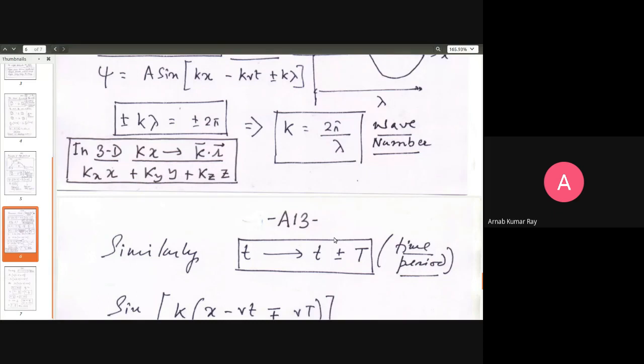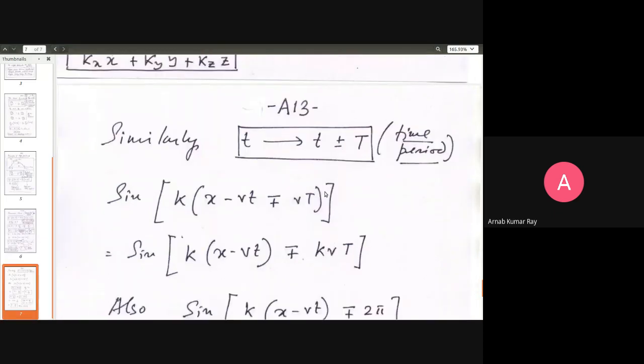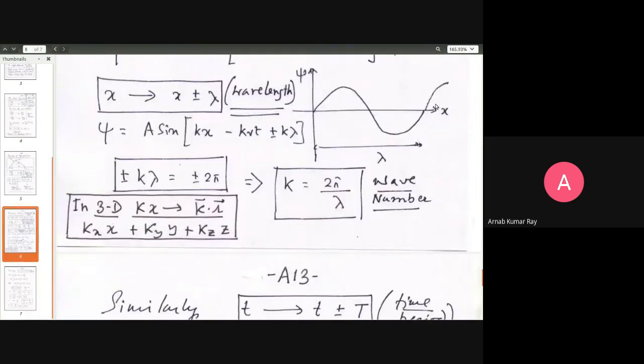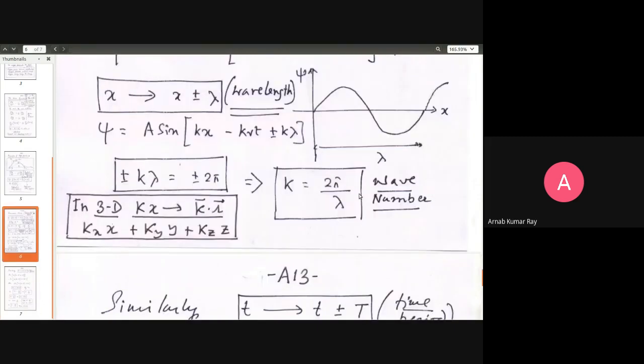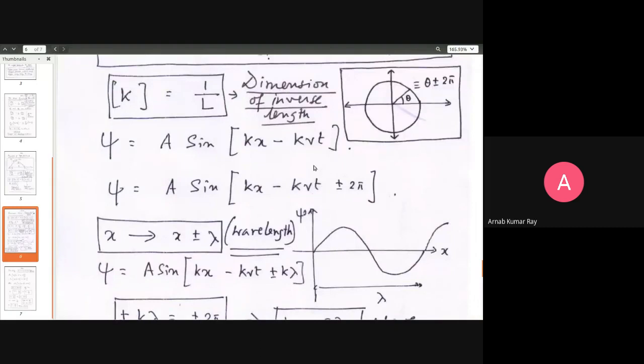A full cycle in the time variable is the time period of a complete cycle of the wave. So what you have for t is the same as having t plus or minus the capital T time period. So what we did over here for the length variable, we can now do for the time variable.